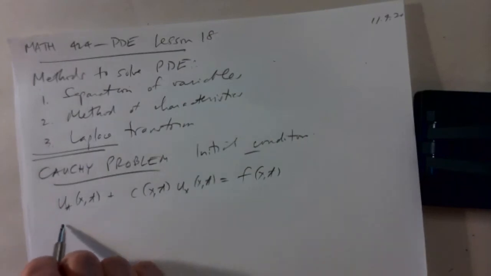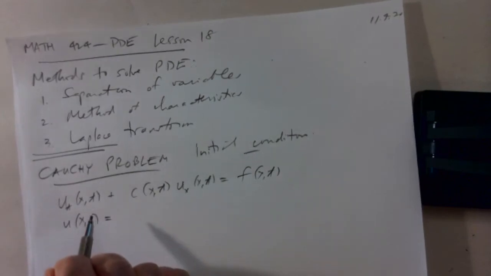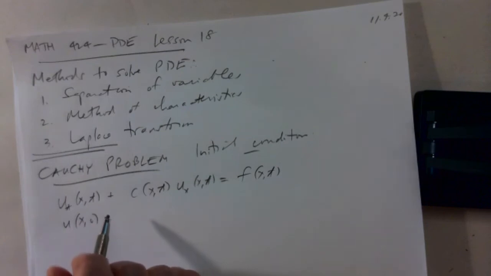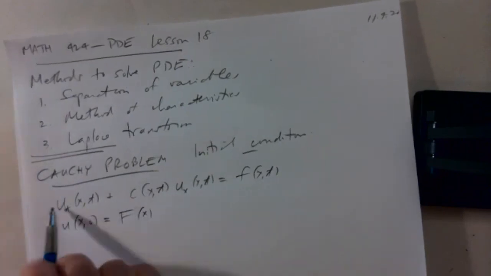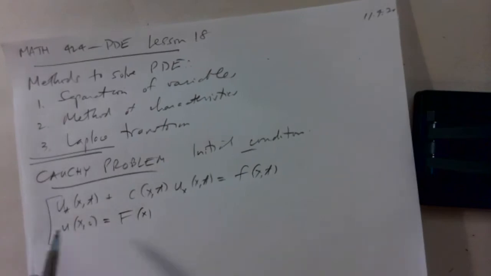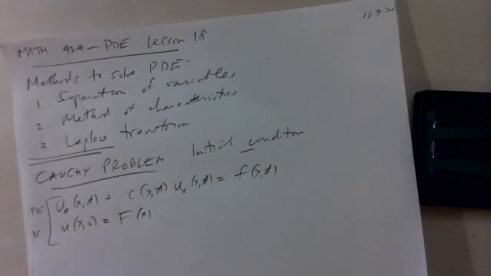And some initial condition, which is, let's say, u of x,0 is equal to some function capital F of x. So this is the initial condition, and this is the first order PDE.